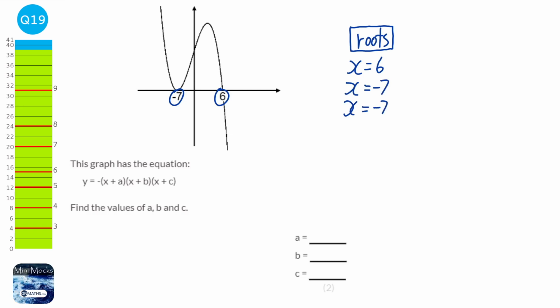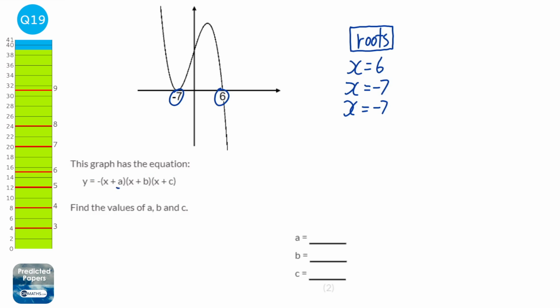So there's technically 2 roots there. Sort of one root, but it counts twice because it's going down on one root and then up on the other root. So with these, what we need to do is make sure that at x equals 6 and x equals -7, the whole equation equals 0.